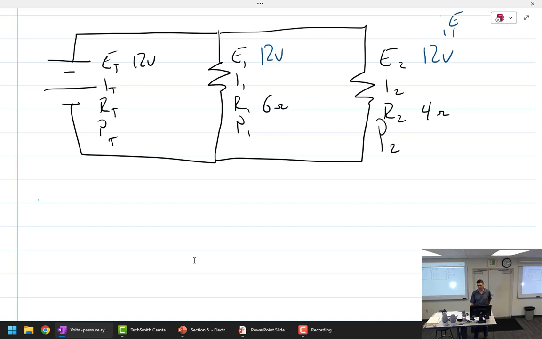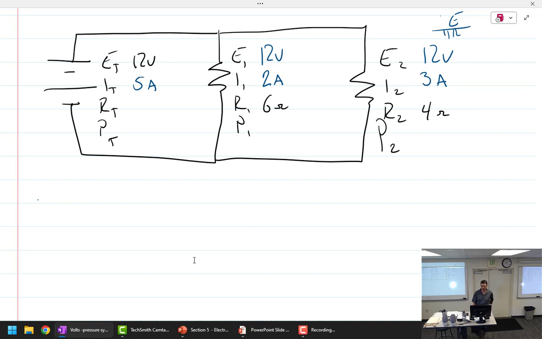E equals I times R. And again, maybe you did it in a different way. That's fine. So we want to solve for I right here, which is 12 divided by 6, which is 2 amps. And over here, 3 amps. Carried over here, so we can solve for I, which would be 5 amps.